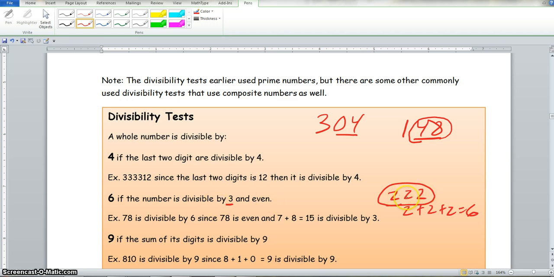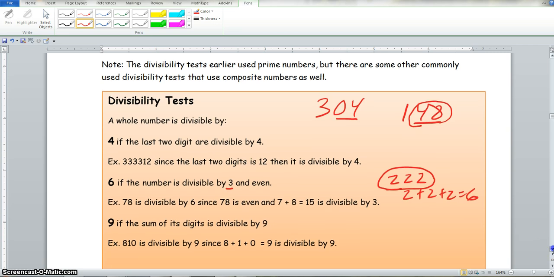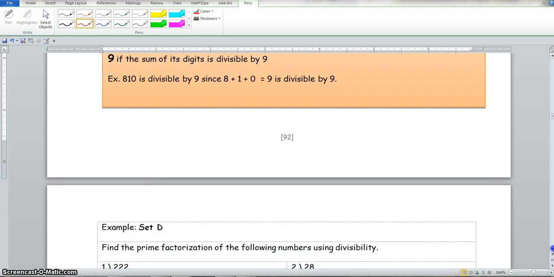Like 78, 78 started off as even. You add the two digits together, it gave you 15, so it's divisible by 3. Now 9, if the sum of its digits is divisible by 9. So it basically follows the same rule as 3, except when you add the digits together, they must be divisible by 9. Now these are some rules that you could use to help you solve certain problems.